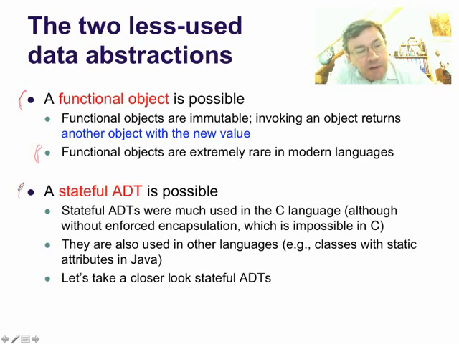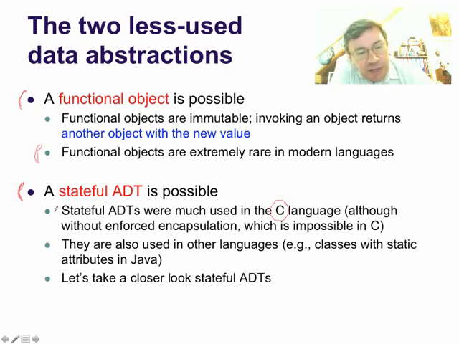The second new kind of data abstraction that's less used is a stateful abstract data type. In fact, these were much used in the C language, which is a precursor of C++. It's less used nowadays, but it used to be in the 1970s, and up until fairly recently it was still used. Now it's mostly supplanted by C++.